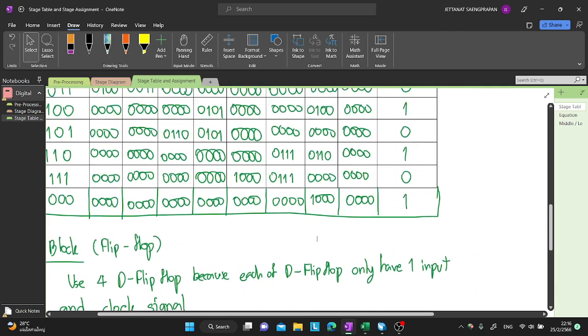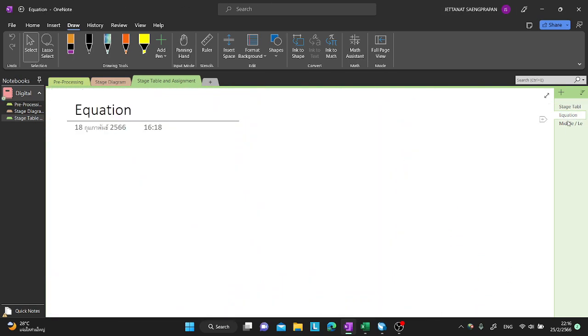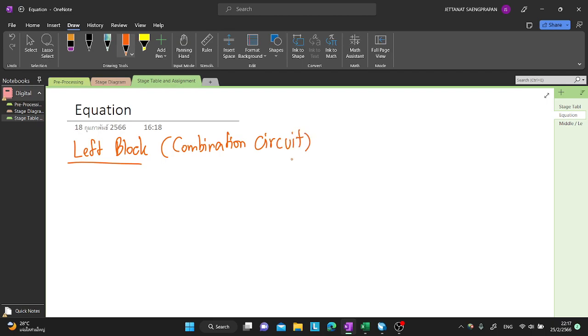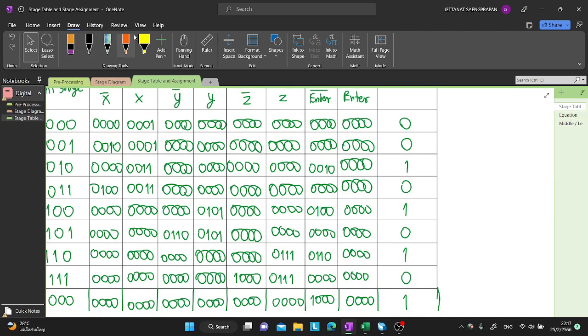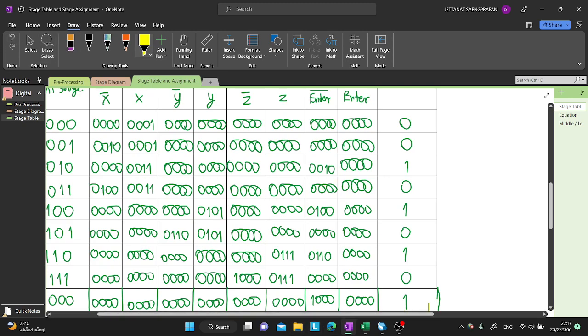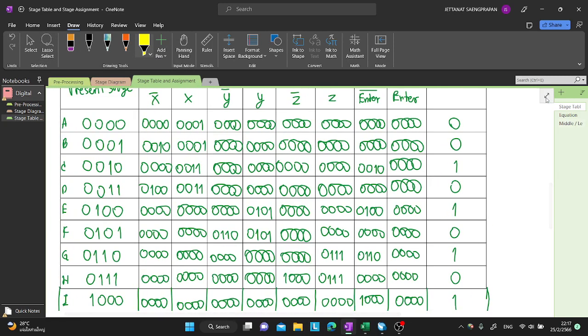Alright, the next one is the equation. What is the equation? The equation is designing the left block, which is a combinational circuit. How do I do that? From the state assignment, from here.